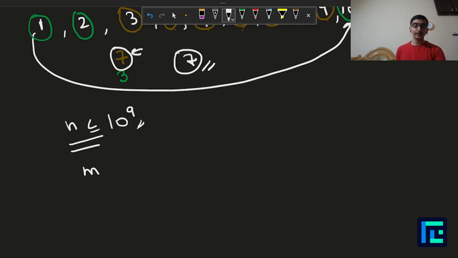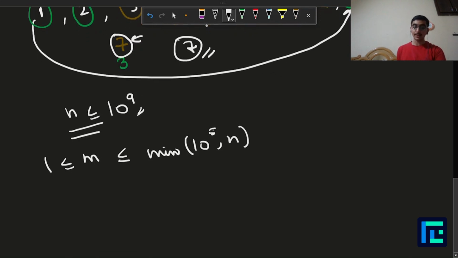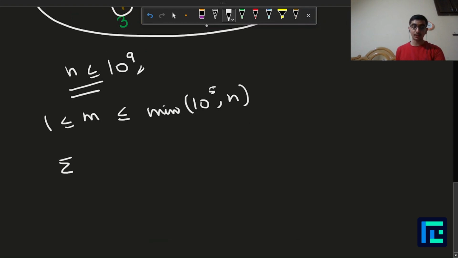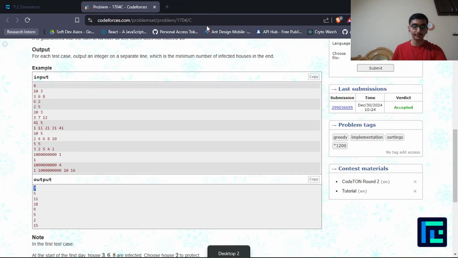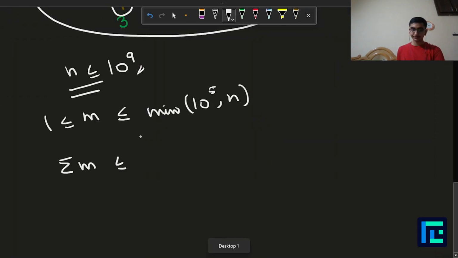M on the other hand can be from 1 till minimum of 10 power 5 comma n, right? And M has a bound, so sum of m over all test cases is less than or equal to 10 power 5, I believe. Let's check that. Yes, it is 10 power 5.